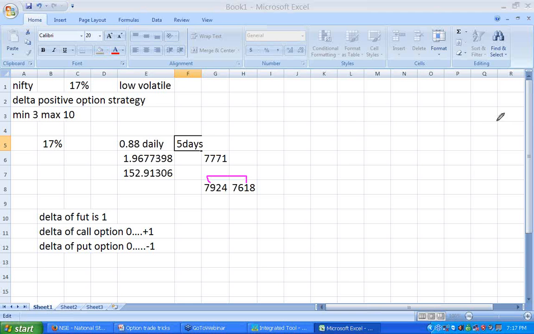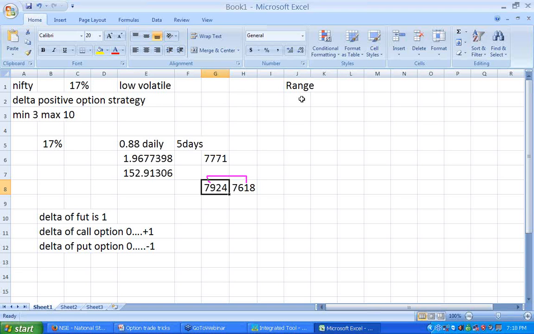My first choice is if I am in a range bound market, expecting the Nifty to stay within 7924 to 7618. If that is false, then volatility is going to increase and there will be a great move in the downside; if it moves above 7924, it may move greatly on the upper side.